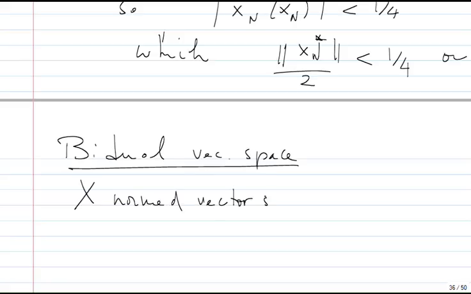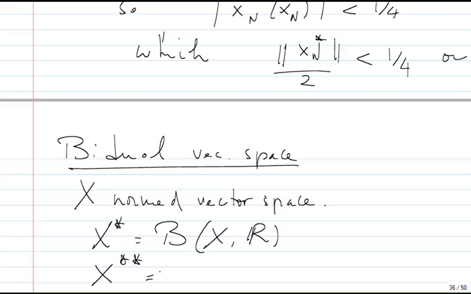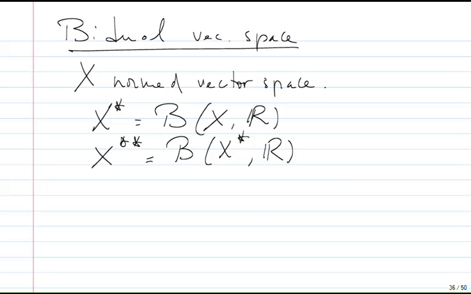We have x star, which is the continuous linear operators or functionals from x into R. And we introduce the bidual to be the continuous linear operators or functionals from x star into R. We know that the bidual is a normed vector space, which is a Banach.